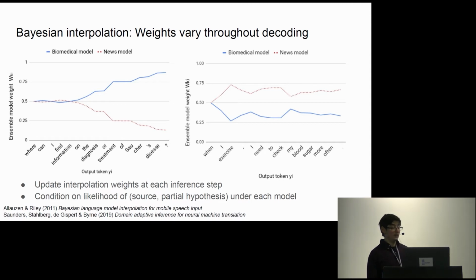So we extended Bayesian language model interpolation, which was, as the name suggests, originally intended for language models. We extended it to condition on a source sentence and a partial translation history. And that allows weights to vary during the inference process. And again, somewhat intuitively, the weights change depending on the sentence.